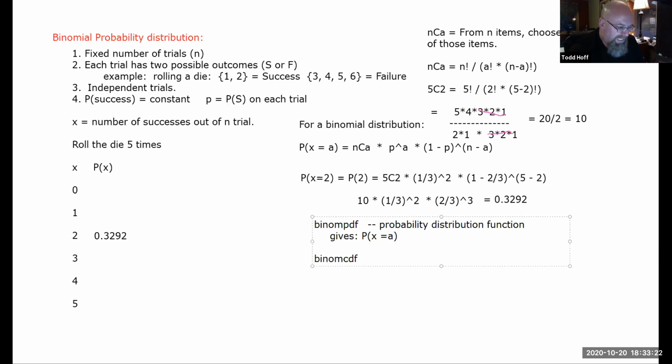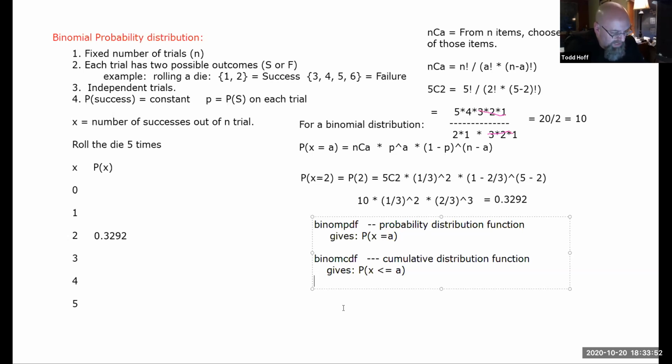Then there's binom CDF. This stands for cumulative distribution function. This gives the probability that x is less than or equal to a, the value we put into it. So if we wanted each of these individual values, we would do the binom PDF. If we wanted cumulative values, less than values, we would do the CDF.